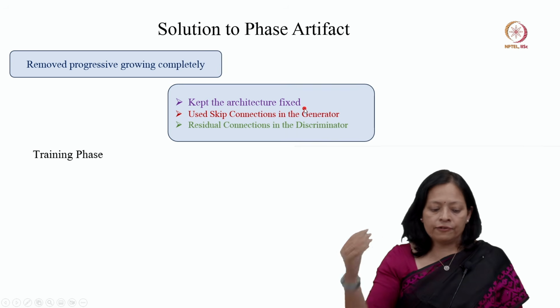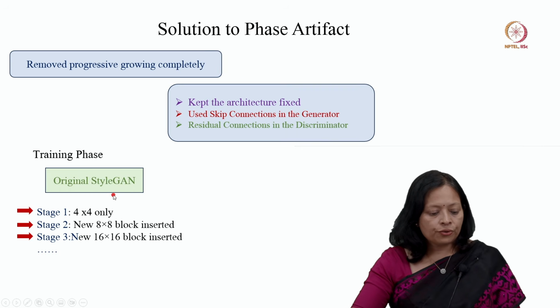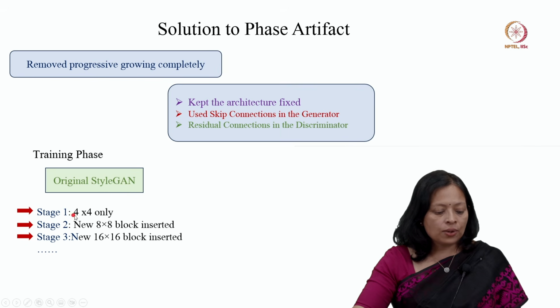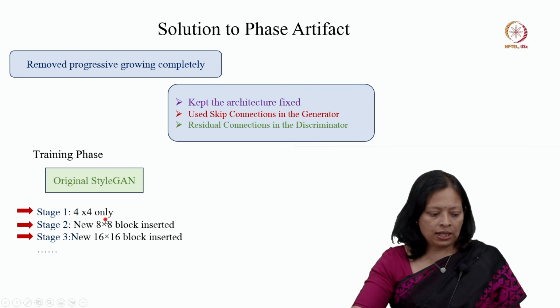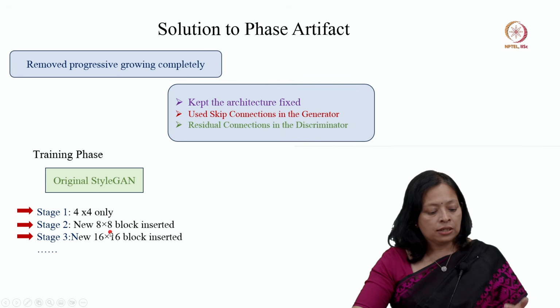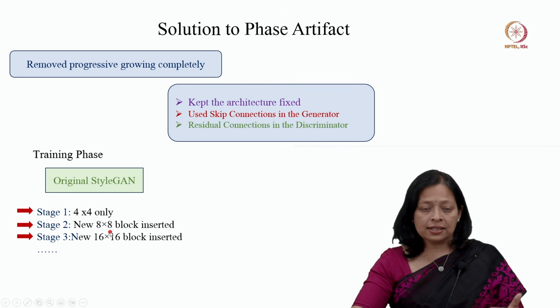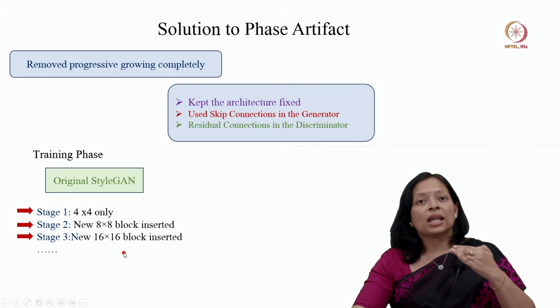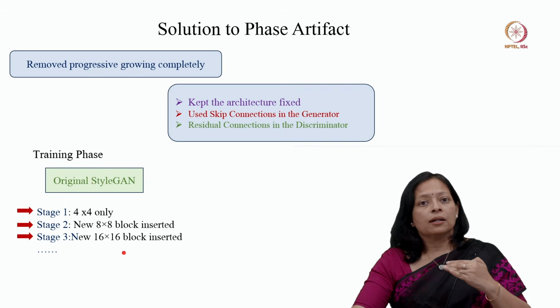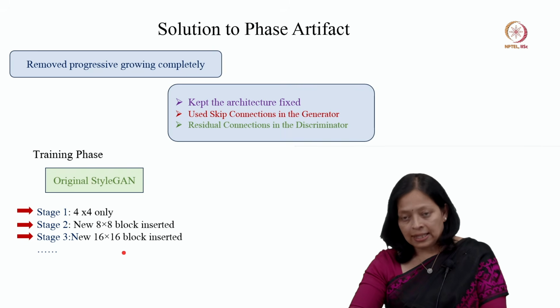So, during the training phase, in original StyleGAN, in stage 1 only 4 cross 4 resolution images are getting trained, and in stage 2 say a new 8 cross 8 block is inserted, in stage 3 a new 16 cross 16 block is inserted. So, at every stage one new block is getting inserted.